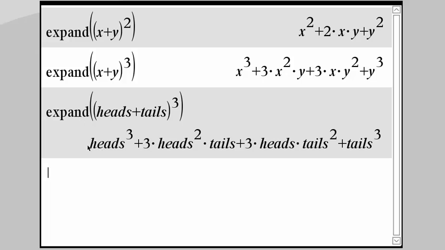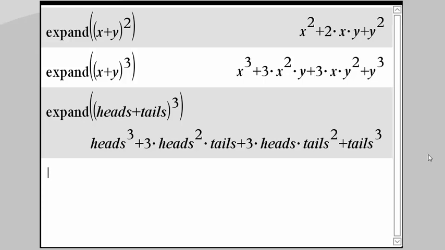The coefficient tells me how many times that could happen. 2 heads and a tail will happen 3 times. 1 head and 2 tails will happen 3 times. 3 tails will happen with its coefficient exactly once. So I can see with one really quick experiment how many different ways each outcome can happen.